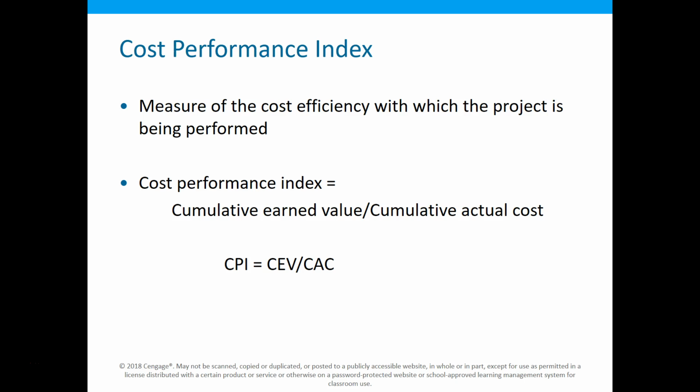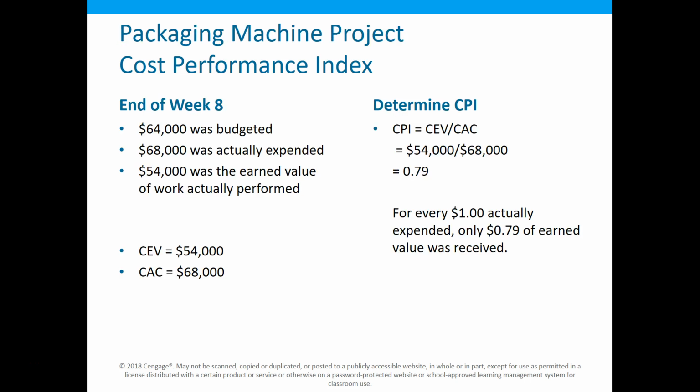If my project is exactly on target, that value should be 1. If it's lower than 1, then I have an issue. If it's greater than 1, I'm producing at a higher than expected rate.